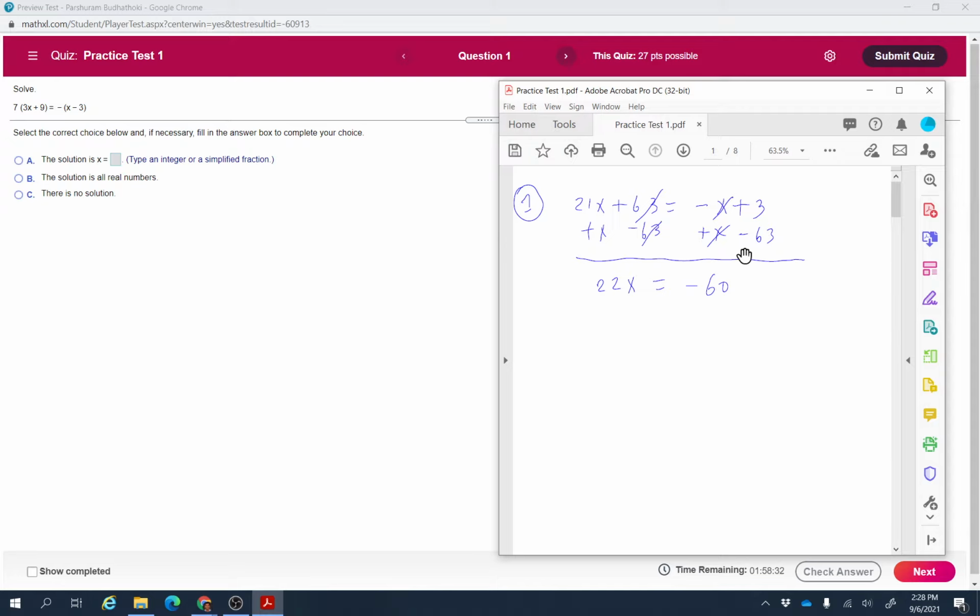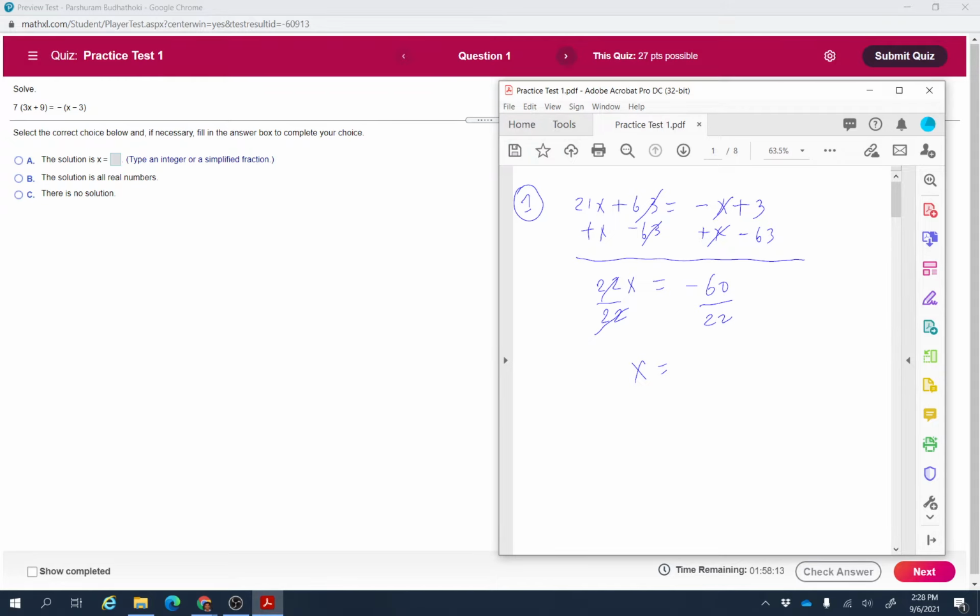Now find out the value of x. We divide both sides. x is negative 60 over 22, and in this case it is not in simplified form.